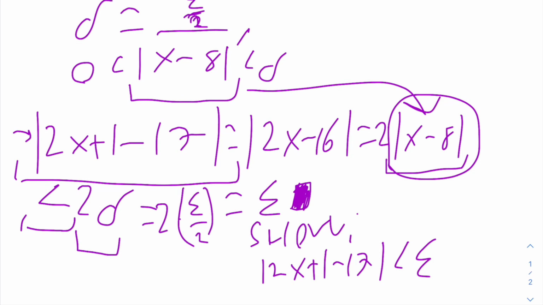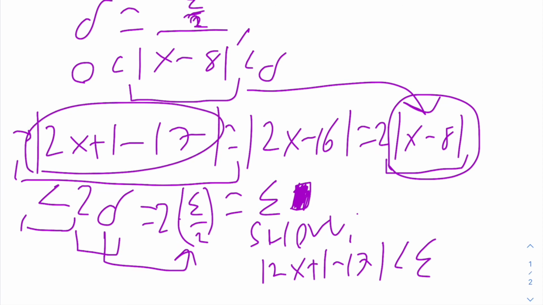You would substitute in your delta value, so we have less than 2 delta, and then you would bring in your epsilon. You would make delta have a correct value such that in the end we show that 2x plus 1 minus 17 is less than epsilon.